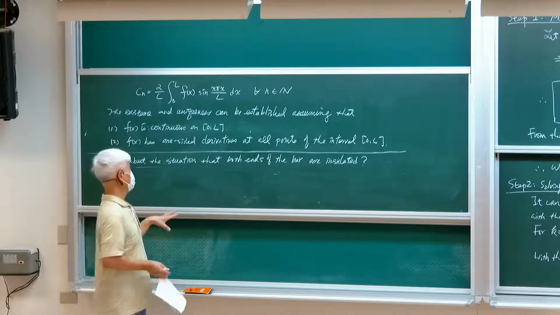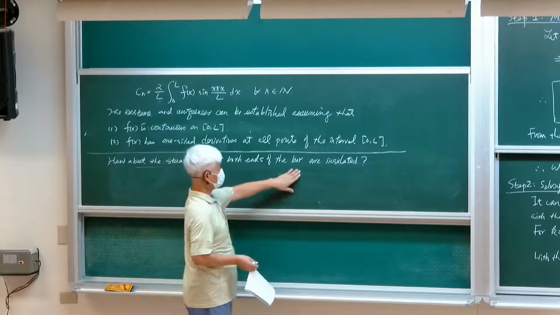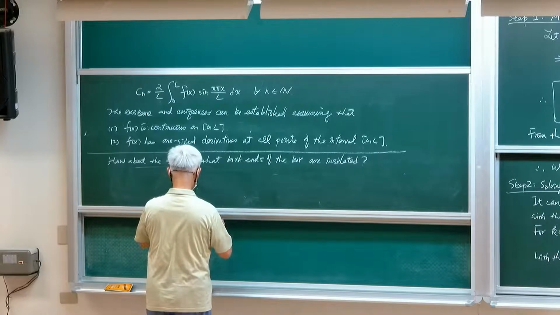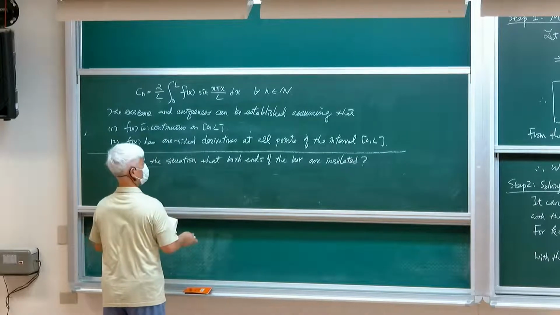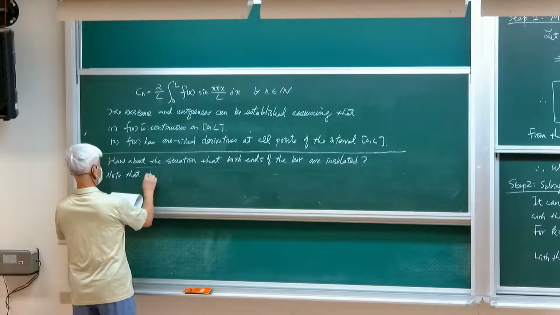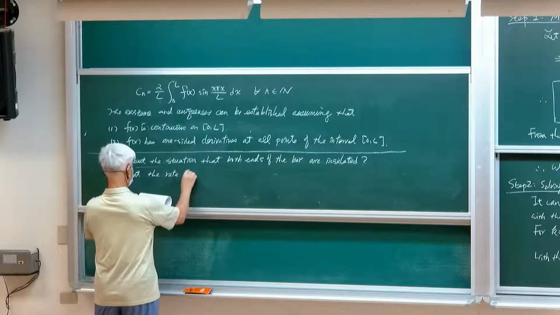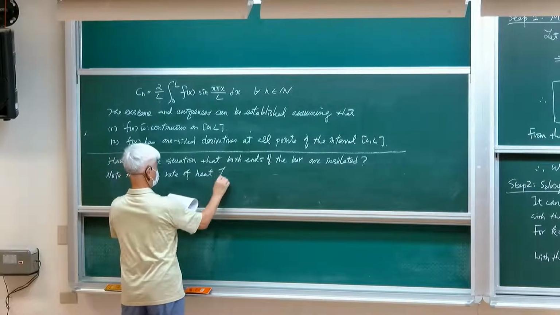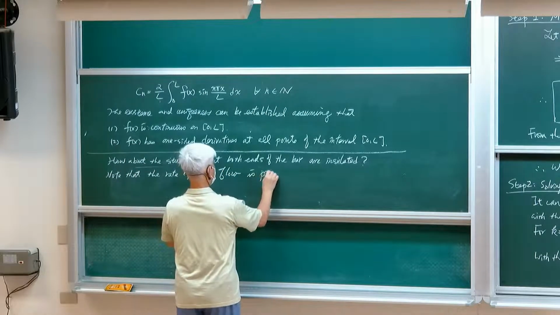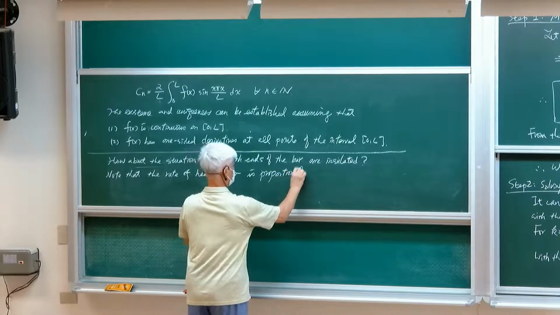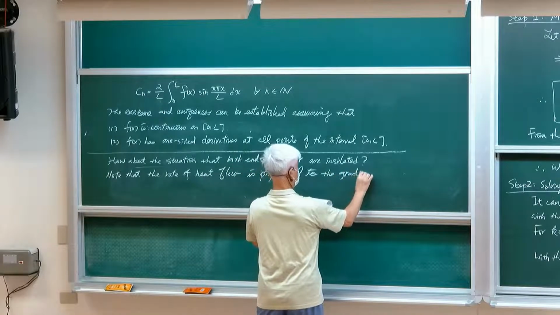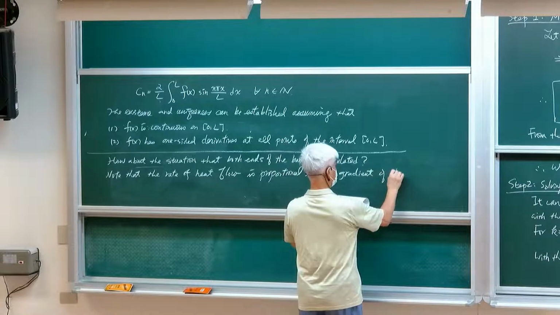But when the two ends of the bar are insulated, then we know that the rate of heat flow is proportional to the gradient of the temperature.